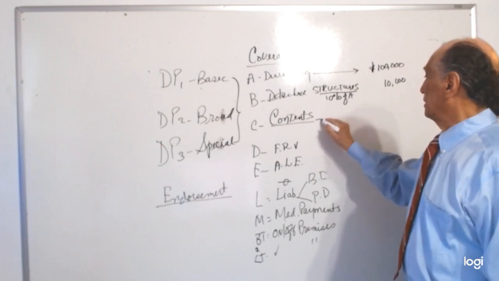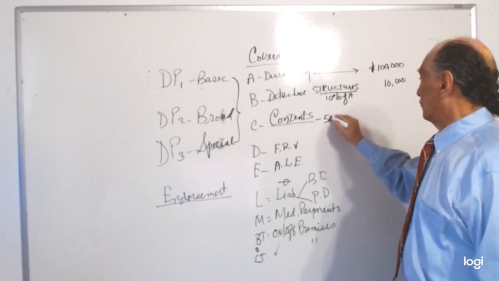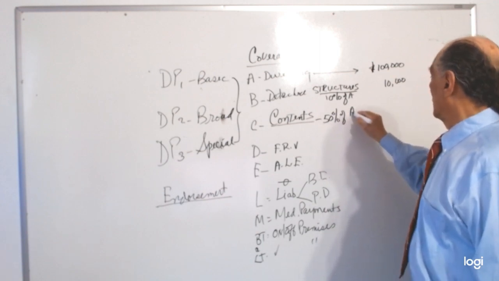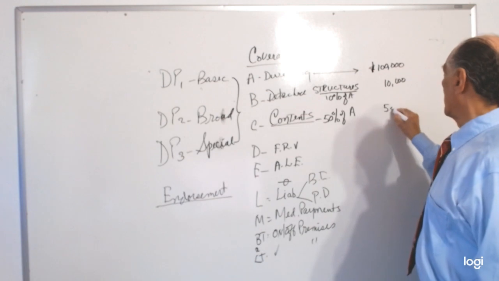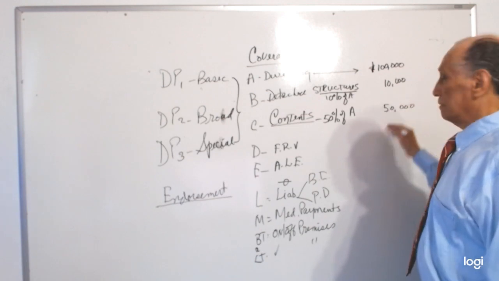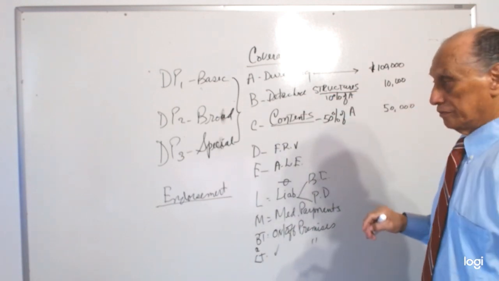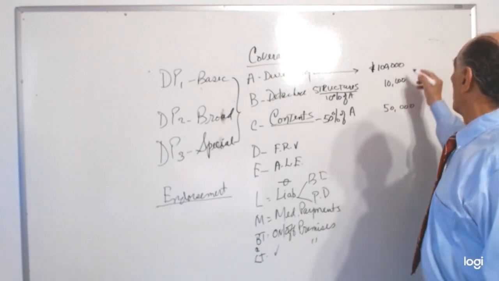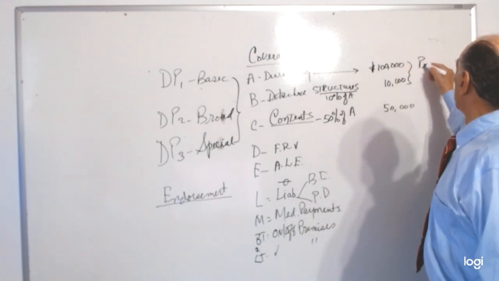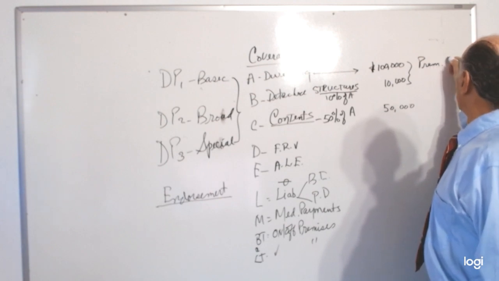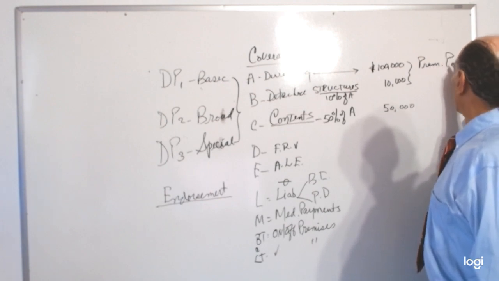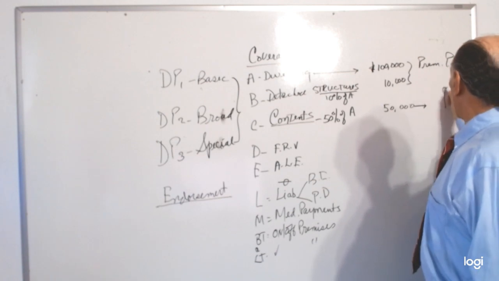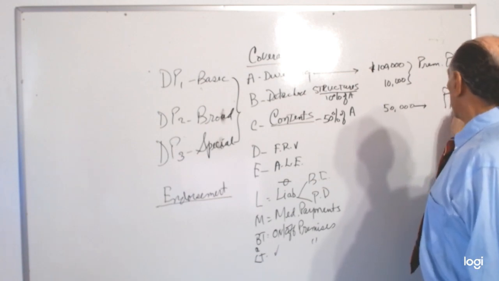Contents, they allow you or offer you 50% of A, or $50,000. You may increase that to whatever level you want or decrease it. You pay a premium here. Let's call it PO, premium O, and you have another premium here for your contents, P1.